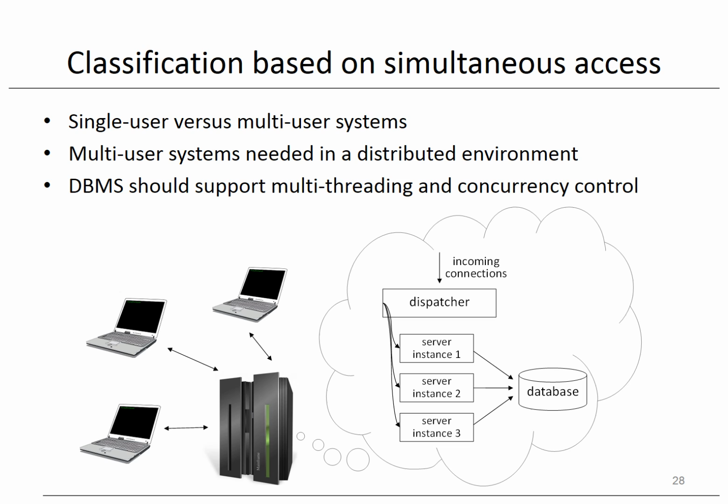To do so successfully, the DBMS should support multi-threading and provide facilities for concurrency control. A dispatcher component will then typically distribute the various incoming database requests among server instances or threads.